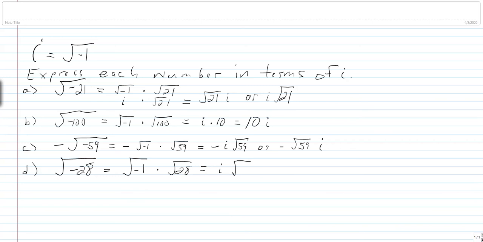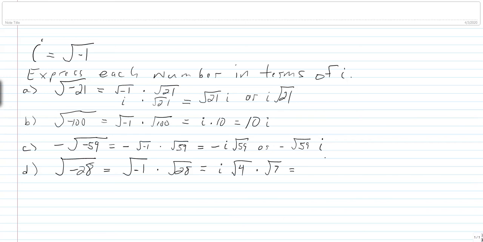Recall that the perfect square factor for 28 would be the number 4, because 4 times 7 equals 28. So we could rewrite that as the square root of 4 times the square root of 7.